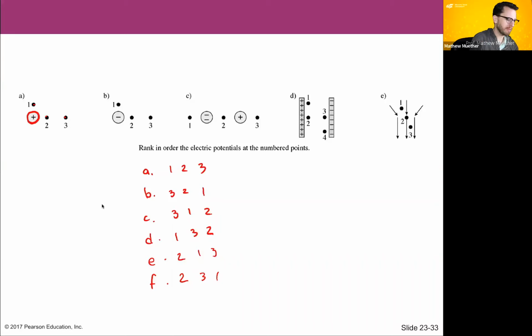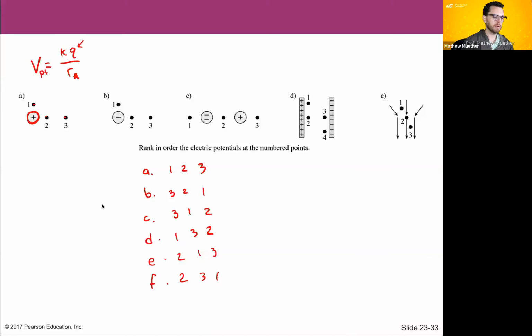So let's see. We know that that's a point charge, and we said that the potential around the point charge looks like kQ over r. Okay. This is a positive charge, so these are all going to be positive values. As I get further away, what happens to the magnitude of this thing?